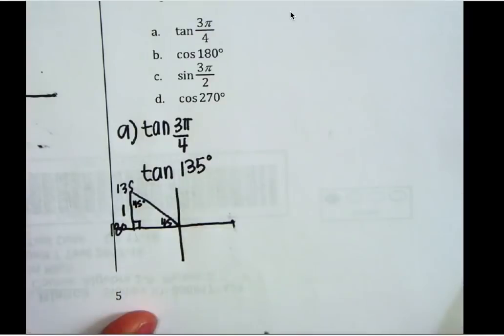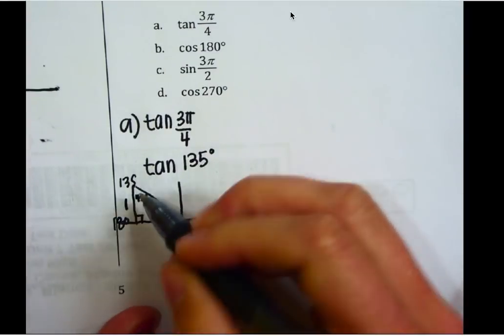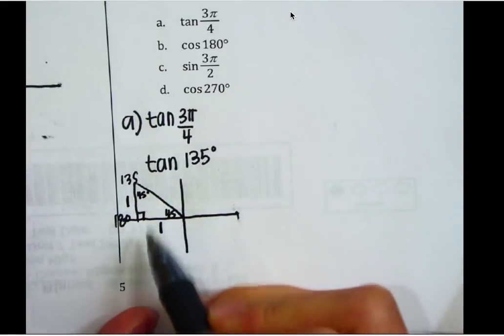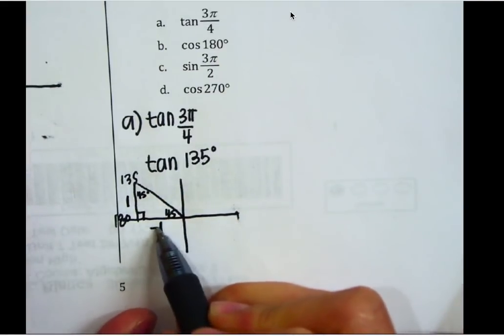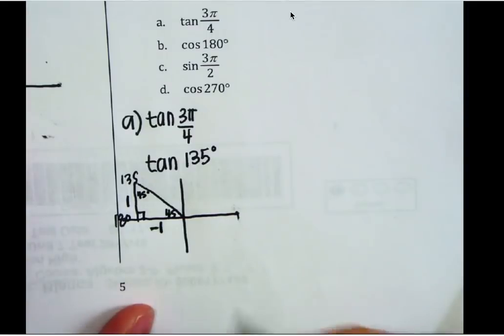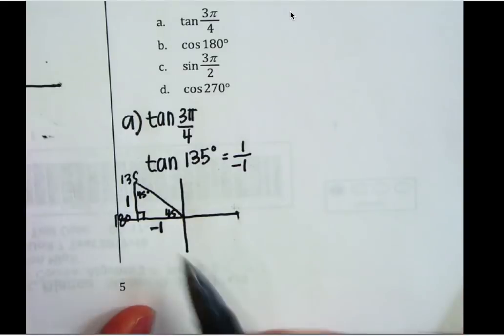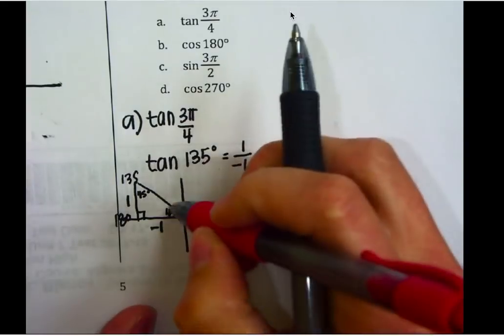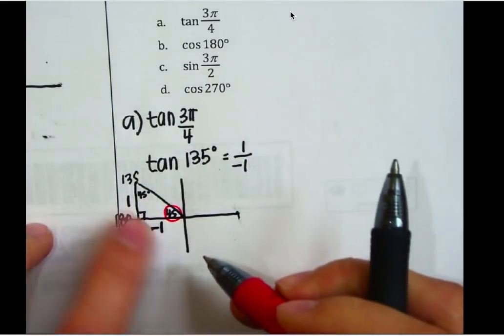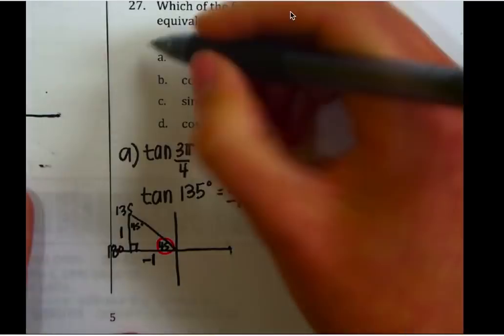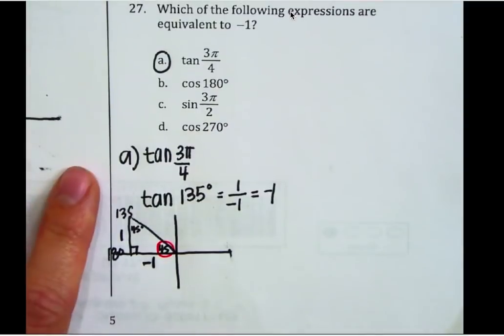This is also 45 degrees, and opposite of 45 is always 1. On my x-axis over here, this is a -1 because it's going to the left. So opposite over adjacent gives us an answer of -1. So that's going to be our first answer.